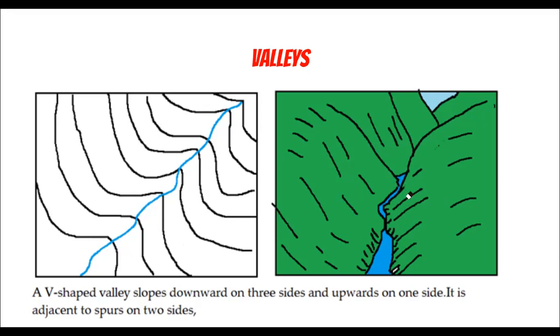And as the spurs are eroded away, they give rise to the formation of plains. So what you'll find is that the valley gets more open as you move away from the source to the mouth. And as you near the mouth, we usually no longer see a valley, but we start seeing a plain.